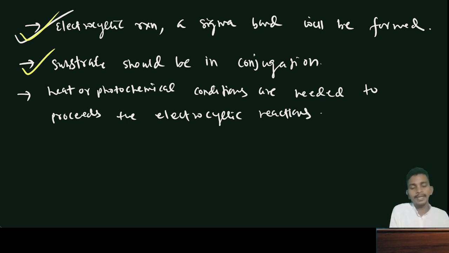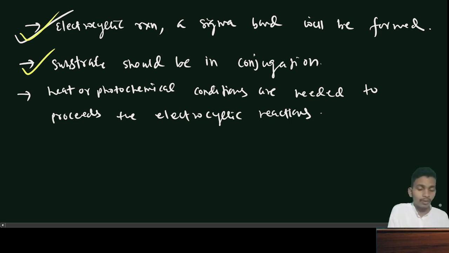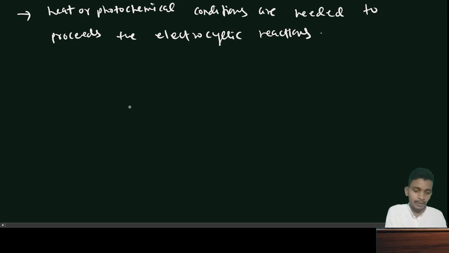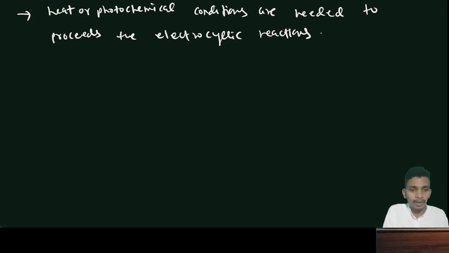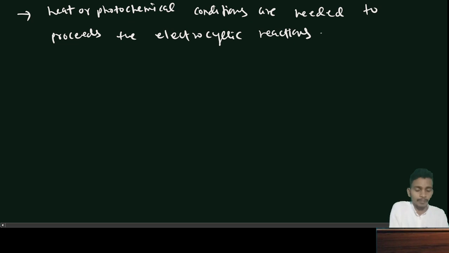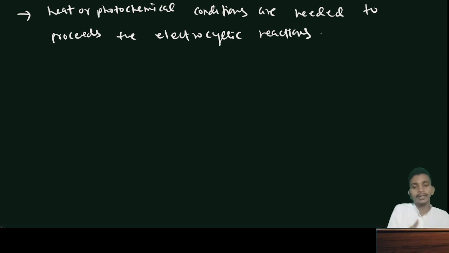Now we will see how the sigma bond is forming. In the past class itself I said that in carbon chemistry, or in organic chemistry, p orbitals are there, and these p orbitals will make a new sigma bond, because the pi bond is breaking and the sigma bond is formed.